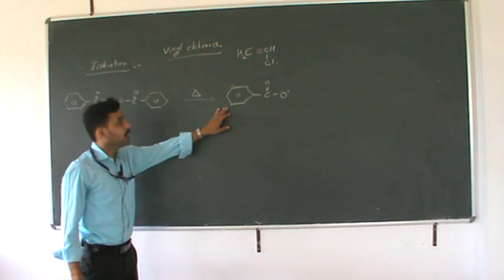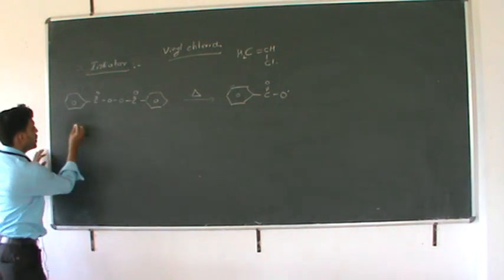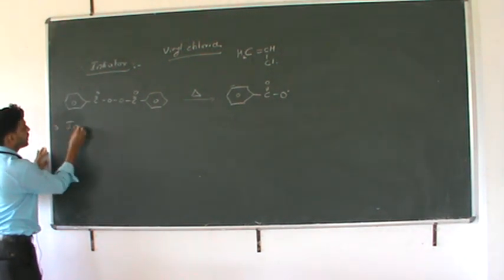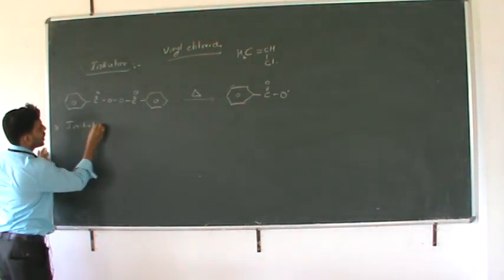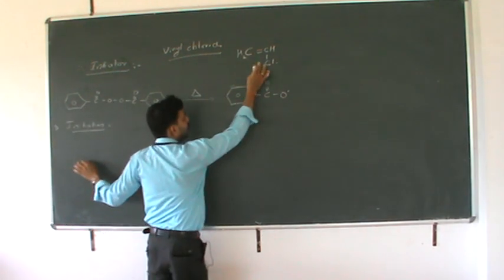These free radicals, in the initiation step, produce the initiation reaction. The first step is initiation, and the monomer is vinyl chloride.